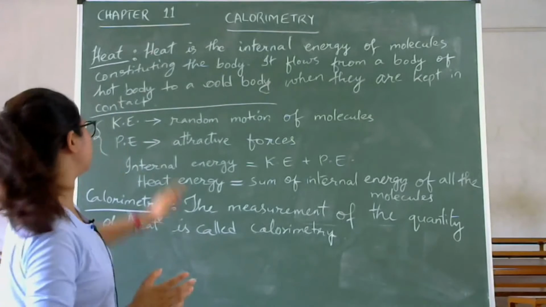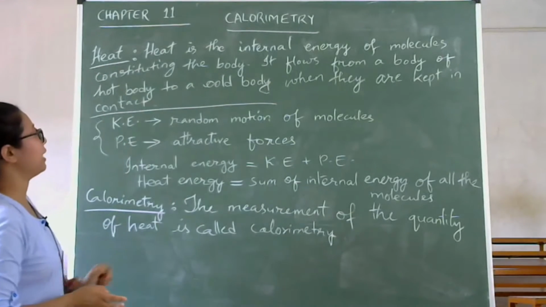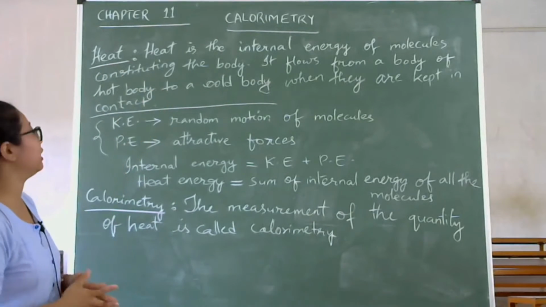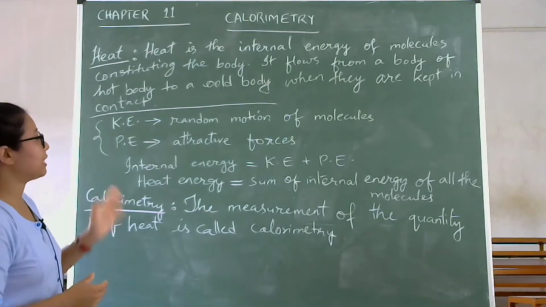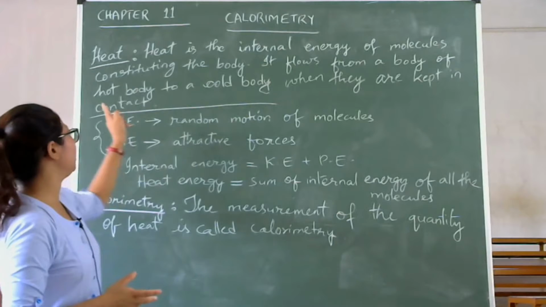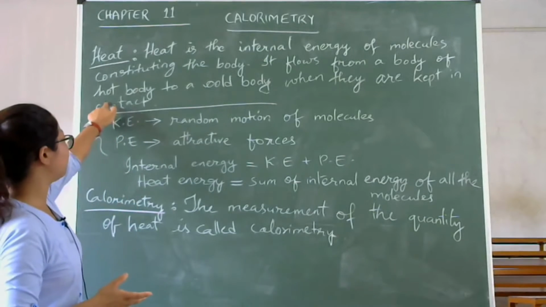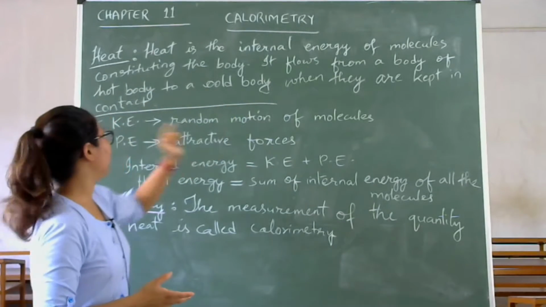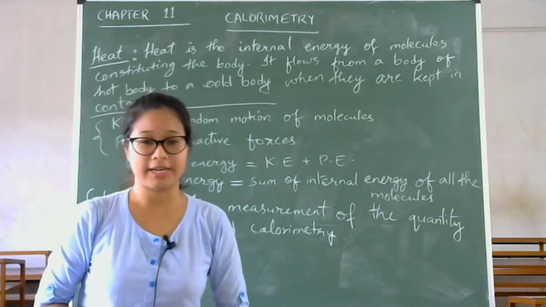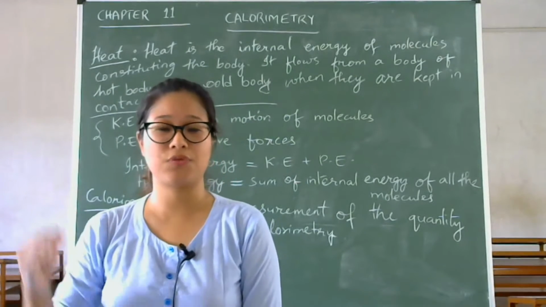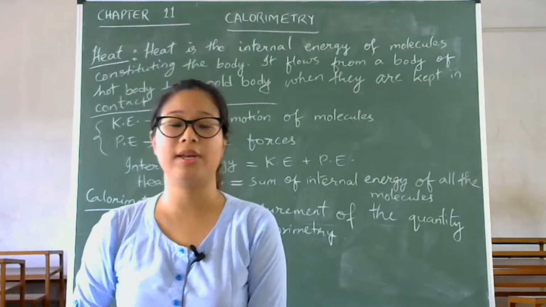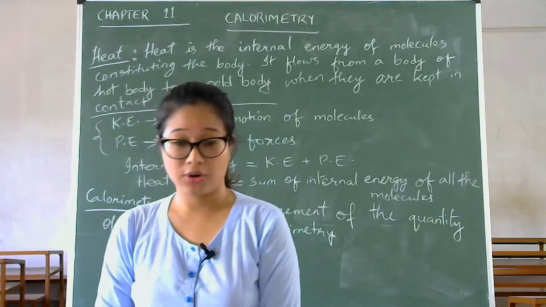So heat can be defined as the internal energy of molecules constituting the body, and this heat energy flows from a hot body to a cold body when they are kept in contact. We have to remember that heat always flows from a hot body to a cold body when the two bodies are kept in contact.